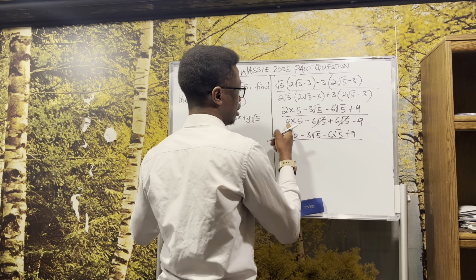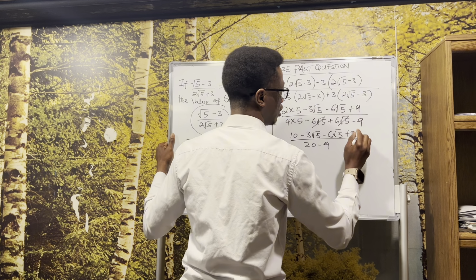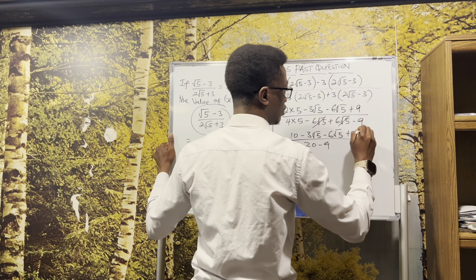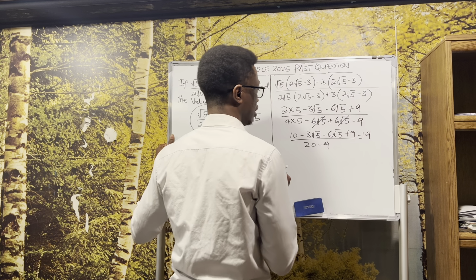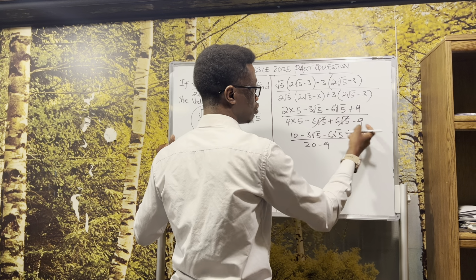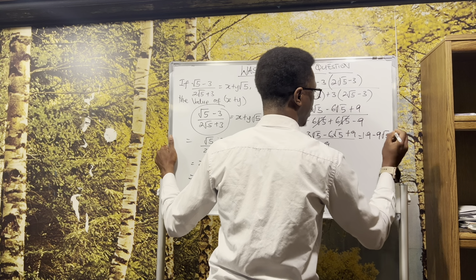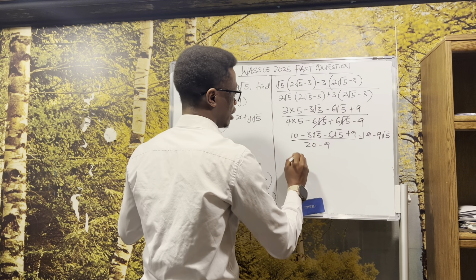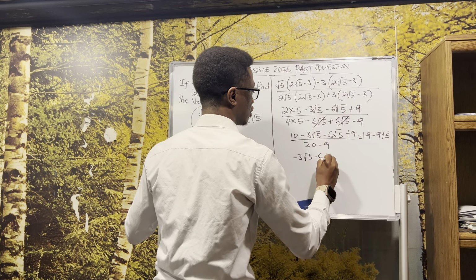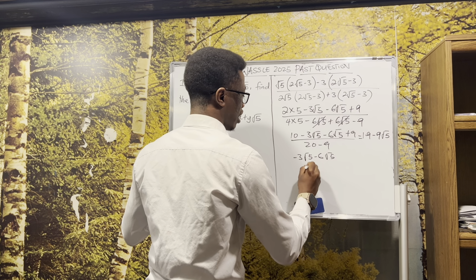All divided by 20 minus 9. So now 10 plus 9 becomes 19, and minus 3 root 5 minus 6 root 5 becomes minus 9 root 5. How? What is common here is root 5.